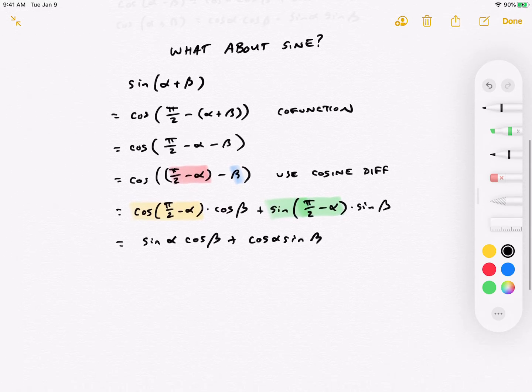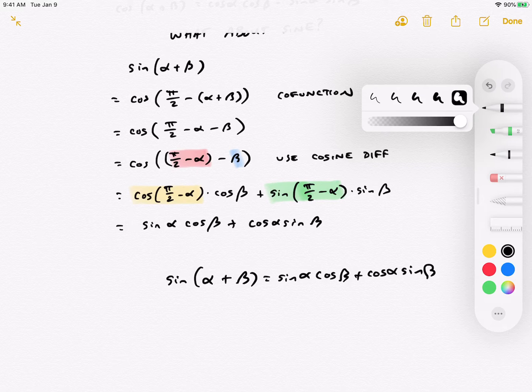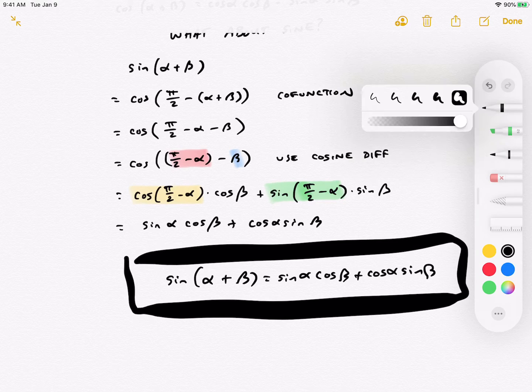Okay, so what I did was I came up with a nice new way to write sine's sum. Sine of alpha plus beta is equal to sine alpha cos beta plus cos alpha sine beta. And that identity is known as sine's sum formula.